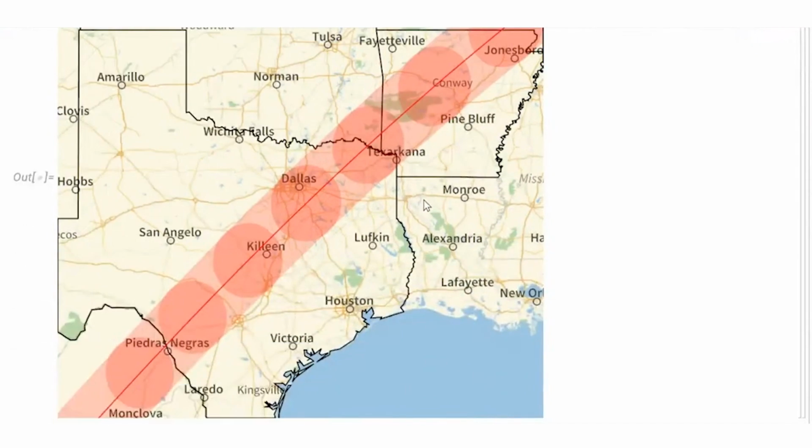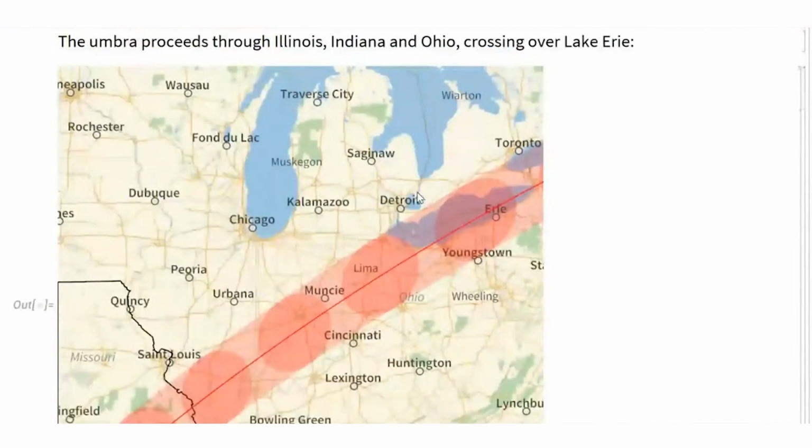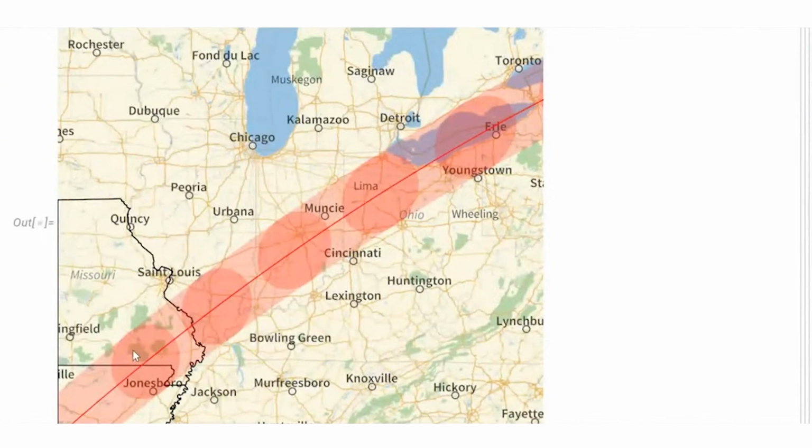I'm going to keep scrolling down and give you the stages of the eclipse. Notice that as we progress, the shape of the umbra, these darker circles here, starts to become more elongated. The reason is that by the time the umbra starts to hit this part of the Earth, the shadow is making a glancing angle with the Earth, so you get a more ellipsoidal shape. By the time you get up into Illinois and Indiana, it's really starting to look elliptical.